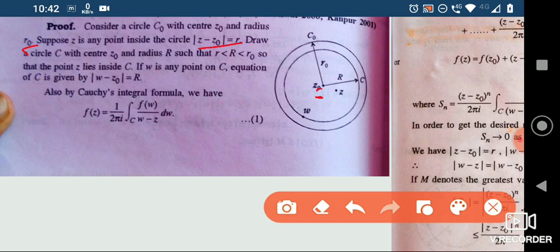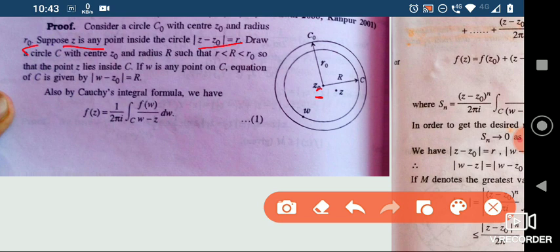Suppose Z is any point. We are thinking of a smaller circle than this. There is a bigger circle of radius R naught, which contains these points Z. But the inner circle here is not of that radius.